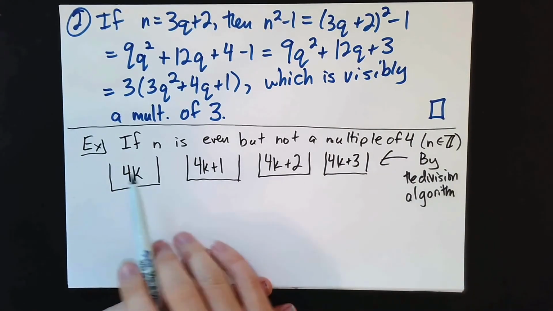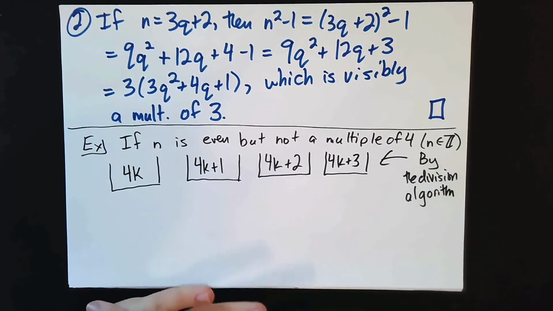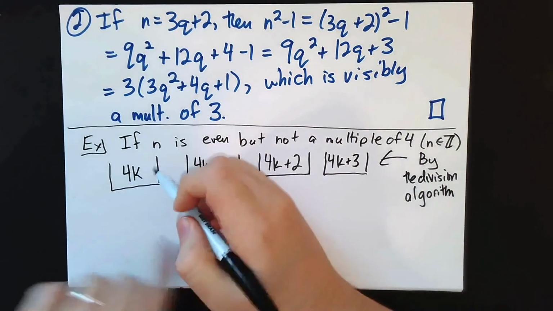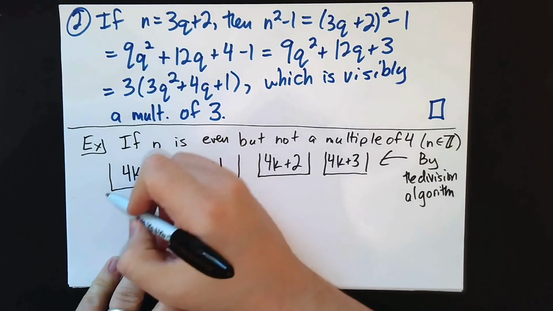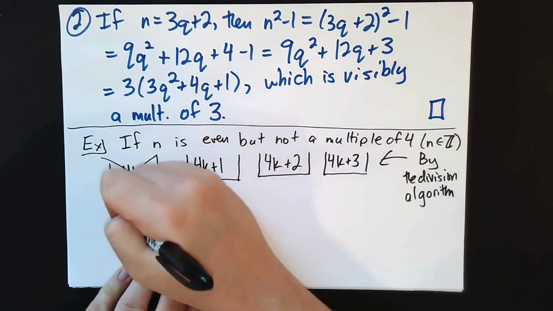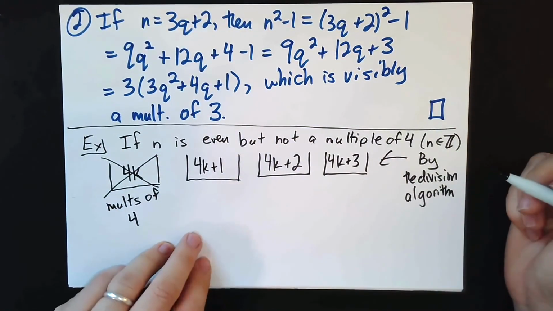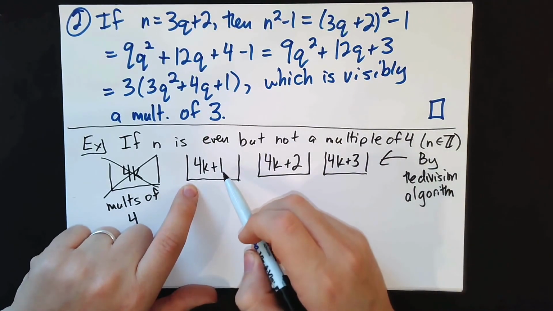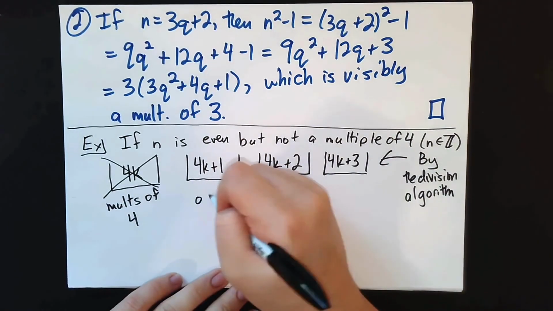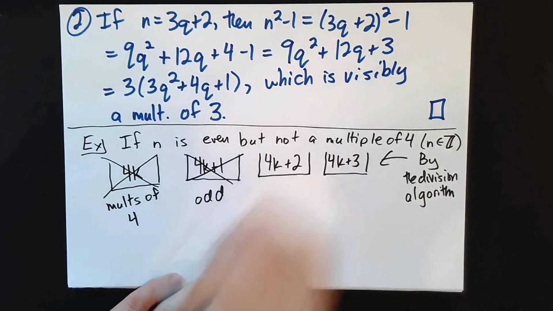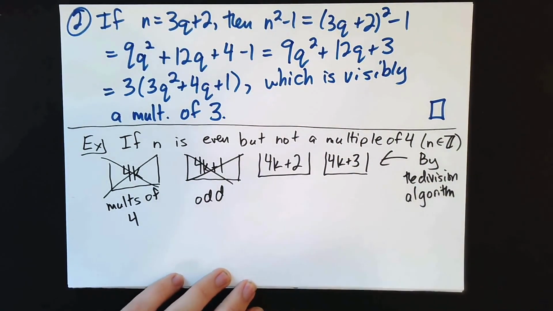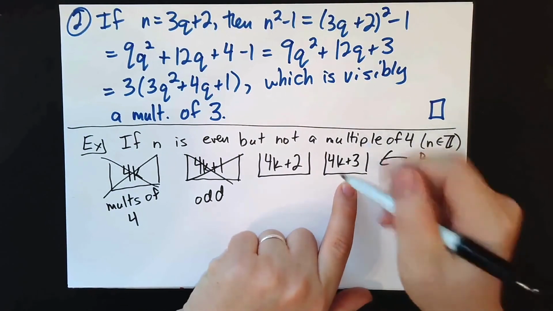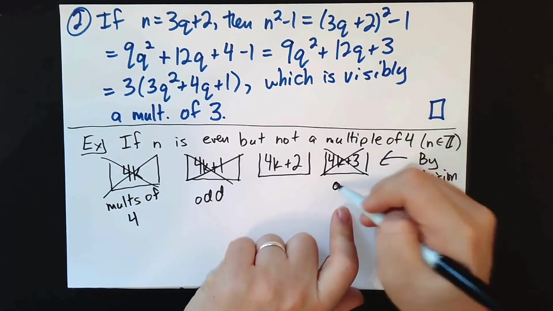So if n is even but not a multiple of 4, which bucket is n in? Well, this bucket is a multiple of 4. So it's not this one. These things are all multiples of 4. On the other hand, 4k plus 1, that's odd. So not in that bucket, those things are odd. Likewise, things in this bucket are also odd.